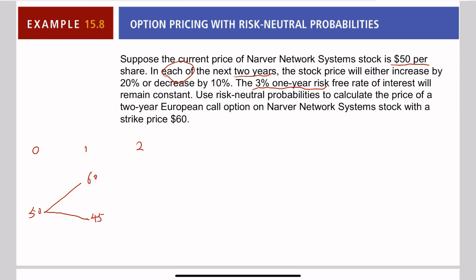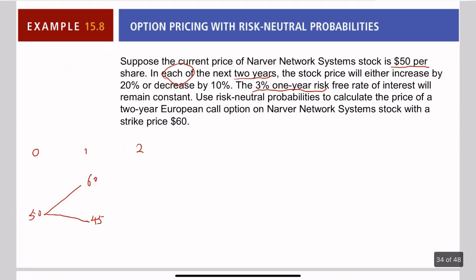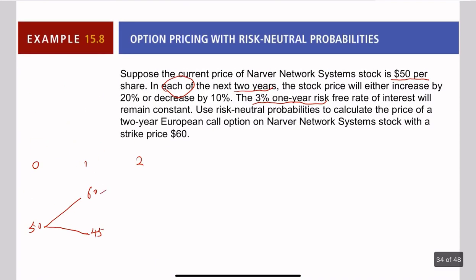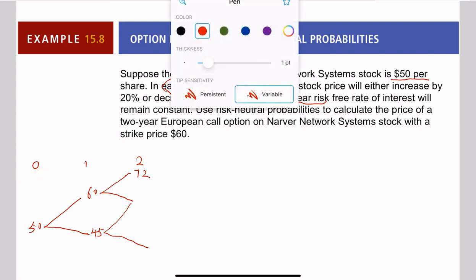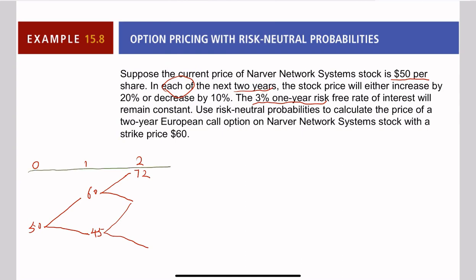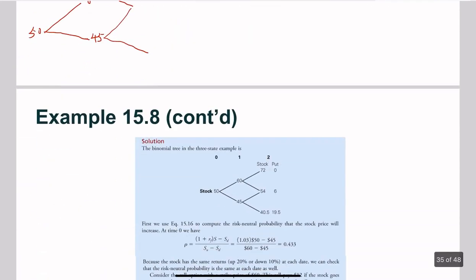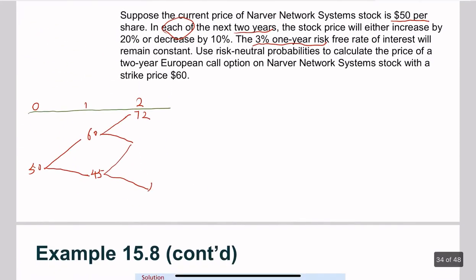Now, we have to continue to repeat this step. In the second year, if it continues to increase by 20%, it would be 72. If it continues to decrease, then the price would be 40.5.